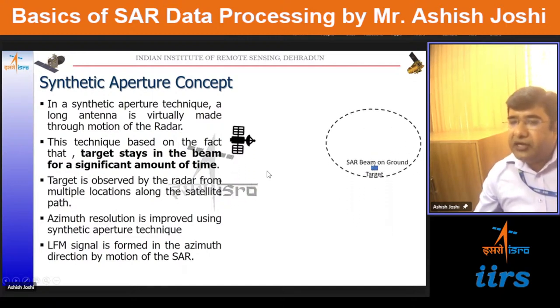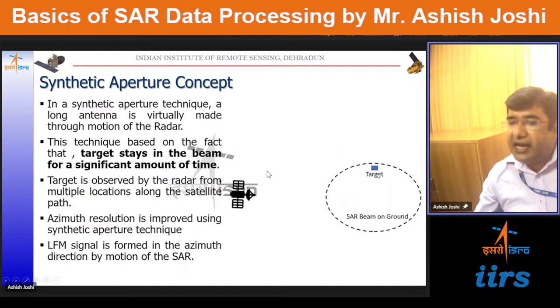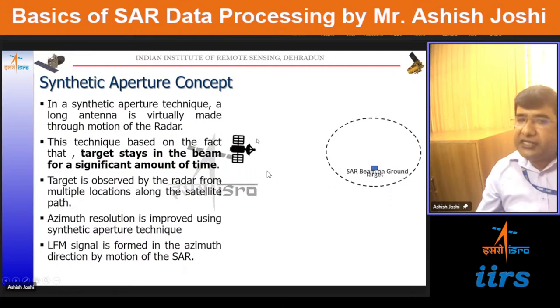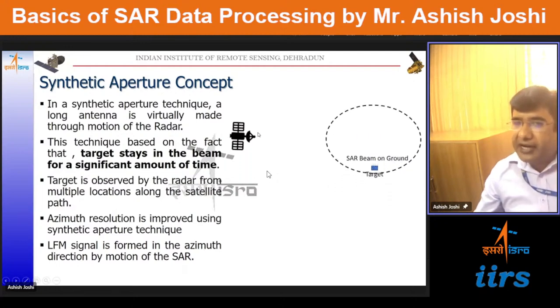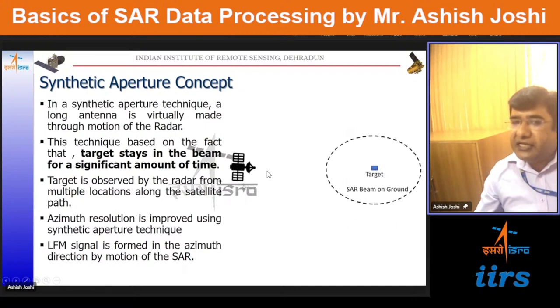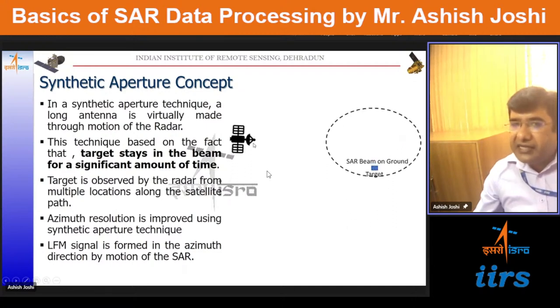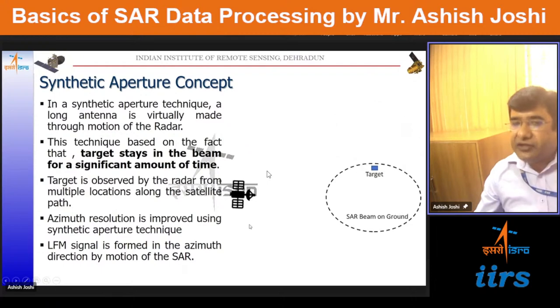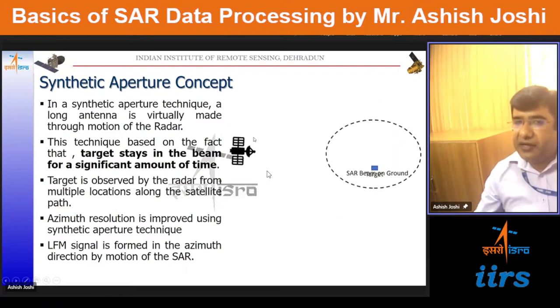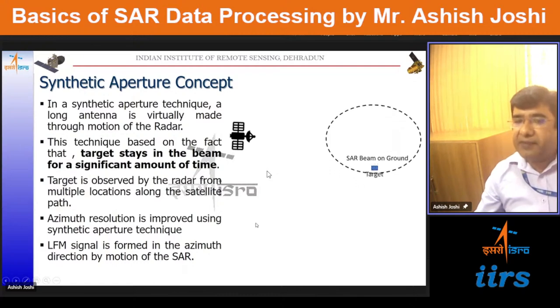So this target is observed from multiple positions of the radar antenna. For this target, it is behaving like a larger antenna. This larger antenna is created by the motion of the radar. Okay, so this is called the synthetic aperture.